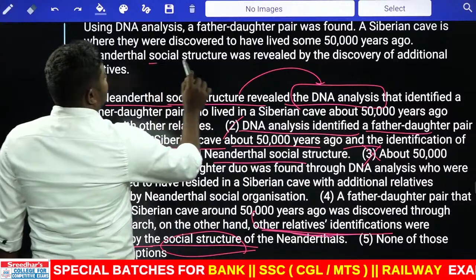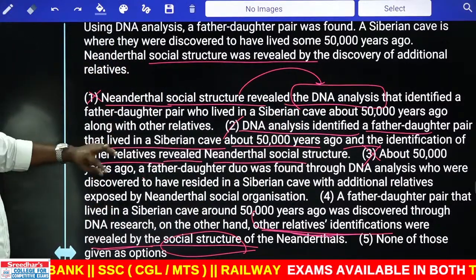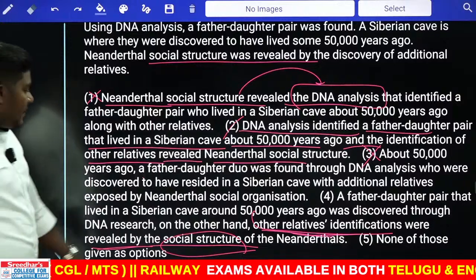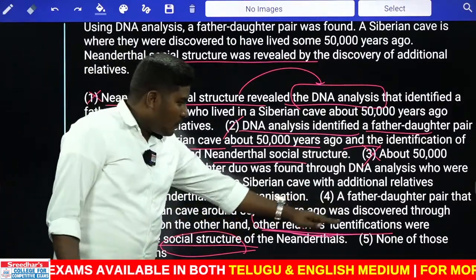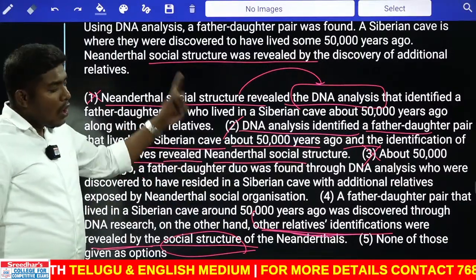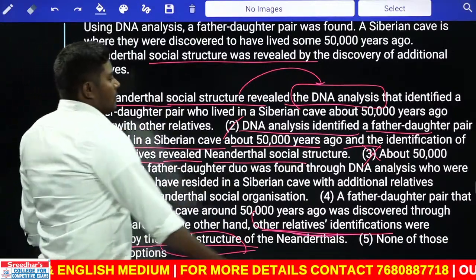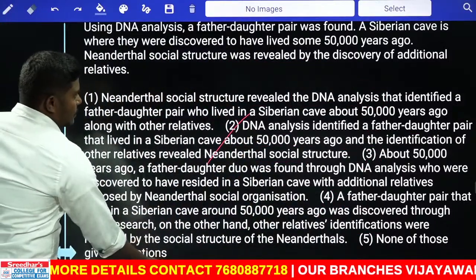Look at this. Social structure was revealed by the discovery of additional relatives. So that goes as the opposite combination. If at all the social structure was revealed by the relatives, that is acceptable. So they both go opposite here, not possible. So fourth one is also wrong. So the answer should be only the second. Next, 122.